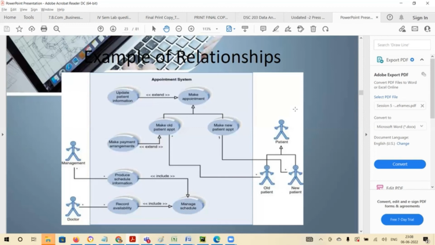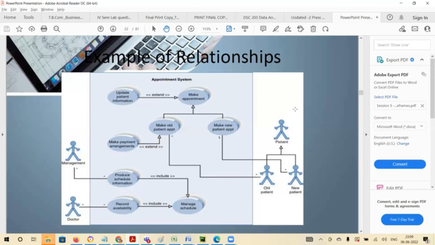And then you have a managed schedule, a use case which is being called by it. So every time someone runs produce schedule information, the managed schedule has to be called, right? So we call it include and we put it there. Then you have record availability. If the doctor has to add or update the record availability, it needs to call the managed schedule.